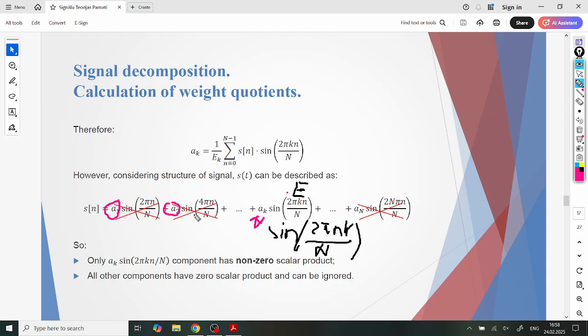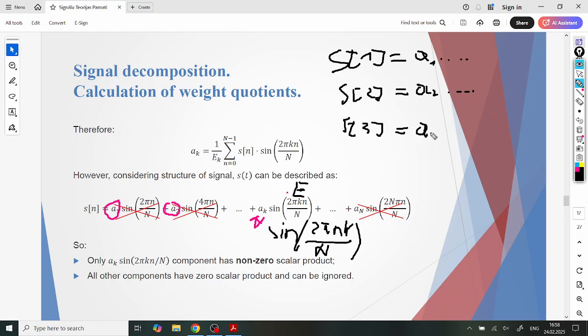If we were to use some other base functions which are not necessarily orthogonal, then as I say, you would have to create a set of equations like S1 is equal to A1 multiplied blah blah blah, S2 equal to A2 blah blah blah, S3, and so forth and so forth.